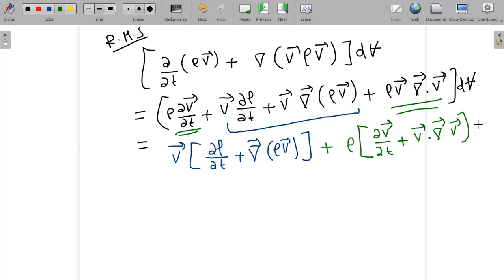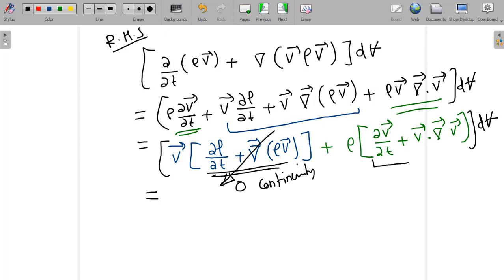Now it is clear that this part we have already derived. This is what the continuity equation gives you. It is 0 from the continuity equation.